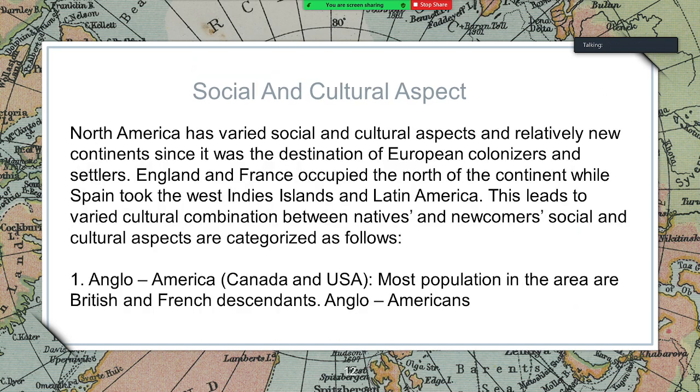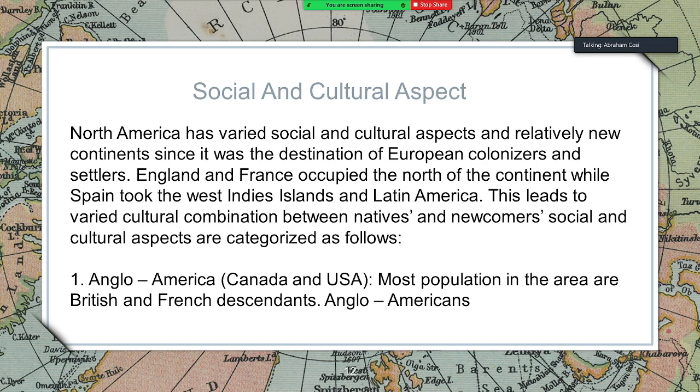So this leads to varied cultural combination between natives and newcomers in the social and cultural aspect. Varied means there were changes and combinations or mixtures of their lifestyles and culture.